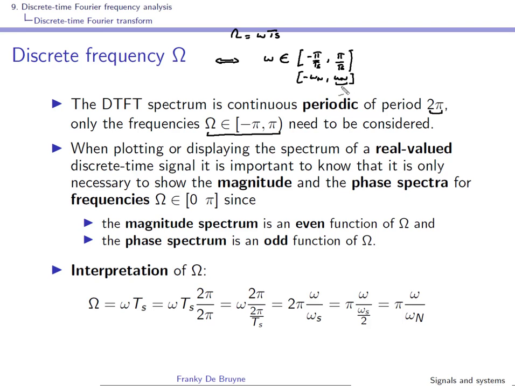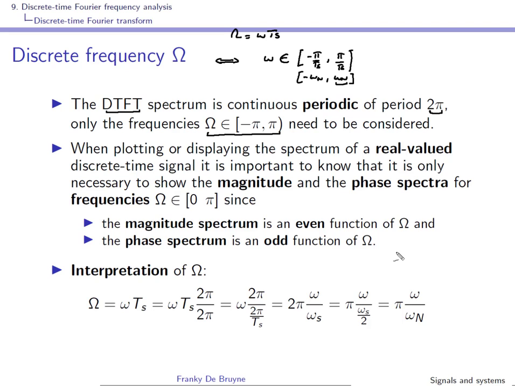So if we obey the Nyquist theorem for sampling, we can simply consider the frequencies in this interval. The DTFT produces a complex number, so we can look at the magnitude and we can look at the phase. This will yield a magnitude spectrum and a phase spectrum. The magnitude spectrum is an even function of the discrete frequency, and the phase spectrum is an odd function of omega.